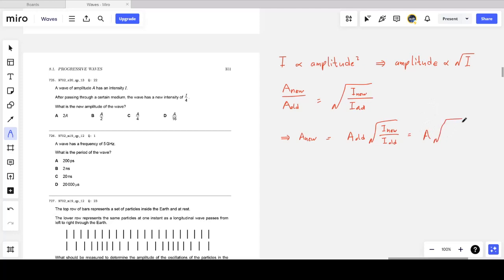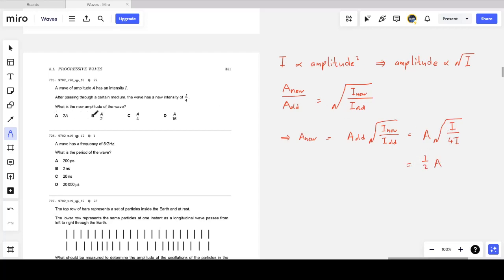We multiply this by the square root of the new intensity over the old intensity. The new intensity is 1 over 4 I and the old intensity was I. So when we do this calculation, we see the I's cancel as they should, and we get a new amplitude that's half the old amplitude.